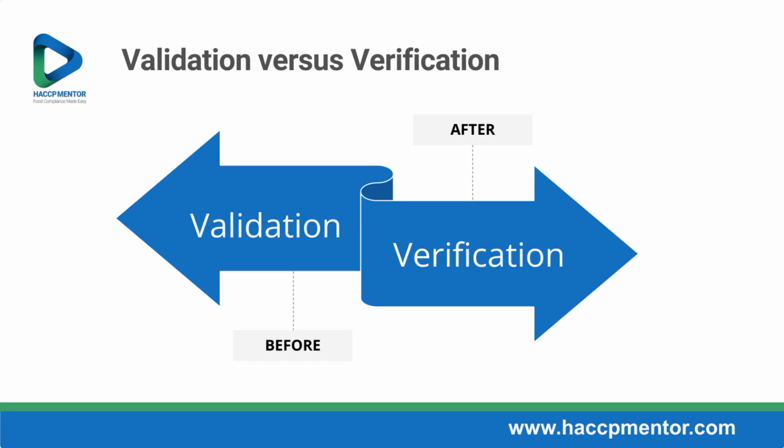You may have heard it spoken about in the realm of validation being, for control measures, will the control measure control the hazard? Where verification is, did the control measure control the hazard? Okay, I hope that's clear for everybody.